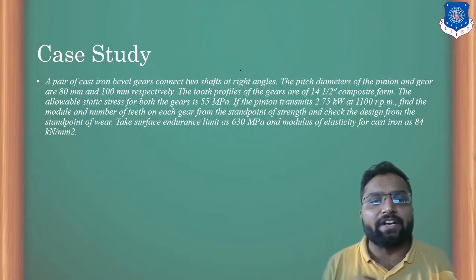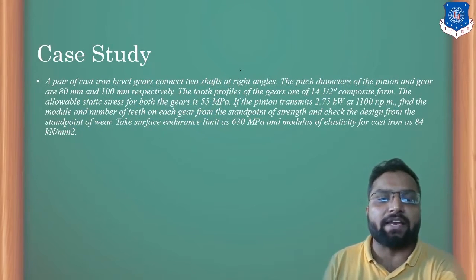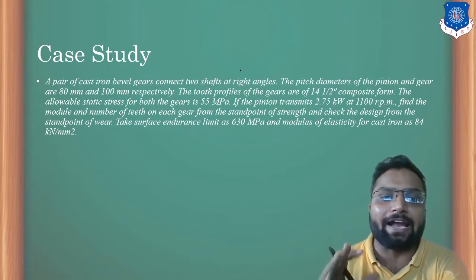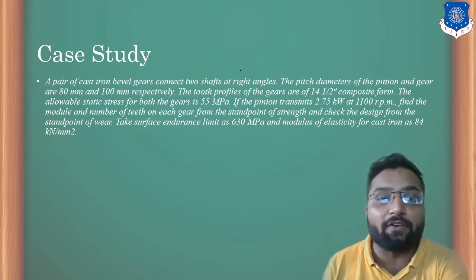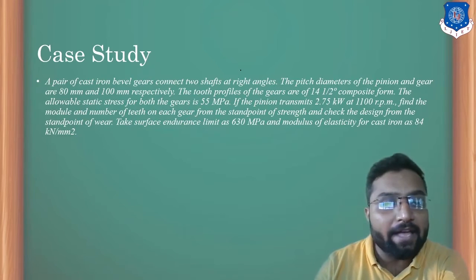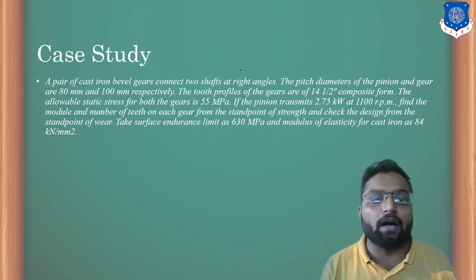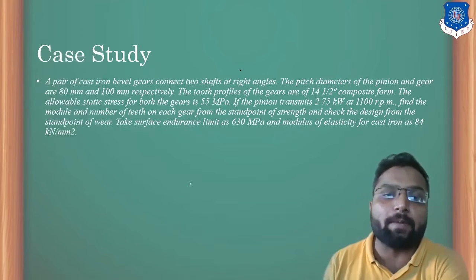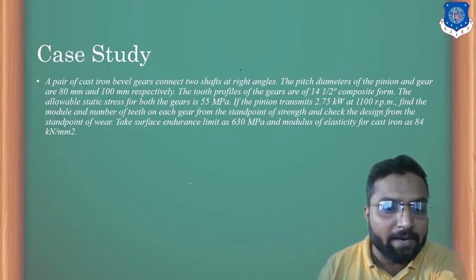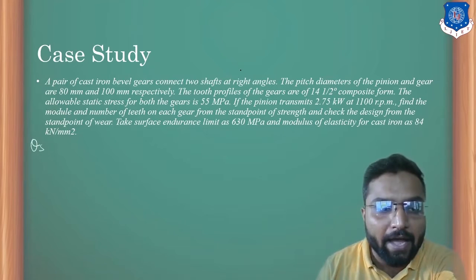Here we are given data: a pair of cast iron bevel gears connected to shafts at a right angle. So we have a pair of bevel gears made of the same material, and the angle made between them is 90 degrees. So the angle between them is theta s.